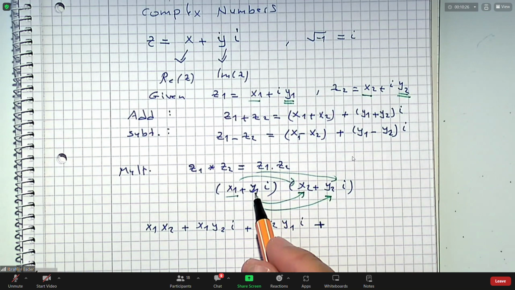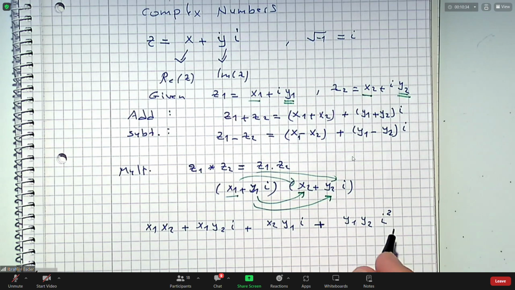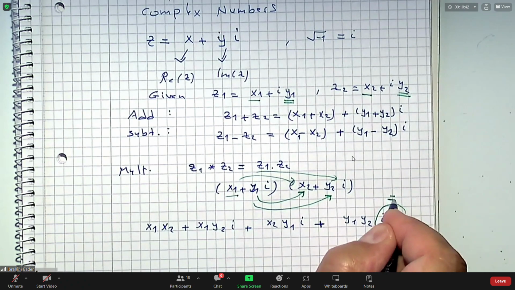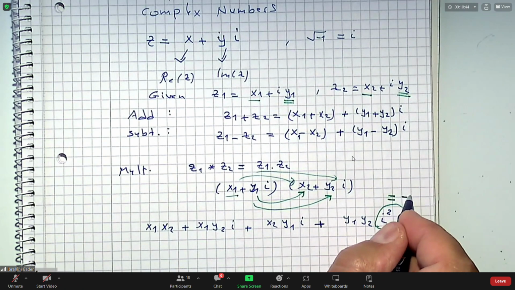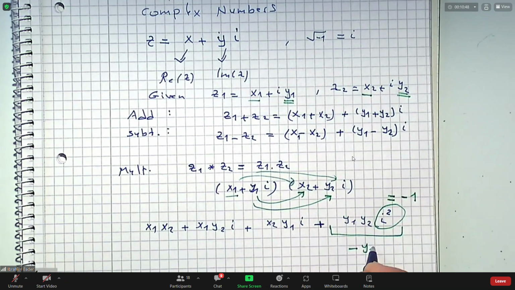Here if I multiply y1 i with y2 i, I get y1 y2 i squared. Okay, and we said that this i squared in complex calculations is just -1. So this term here becomes negative y1 y2, and this is a real number.